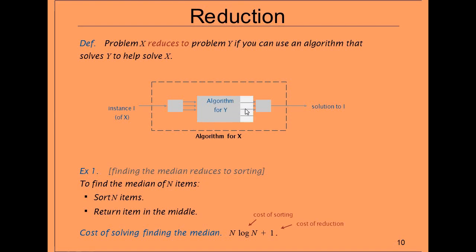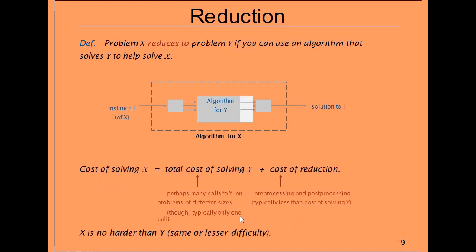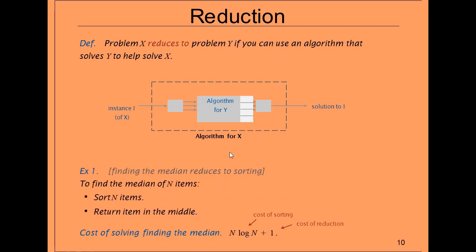So sorting helps you solve the problem of finding the median. Now what is the cost of reduction? The cost of reduction for this example is 1, because you just have to get the middle element.